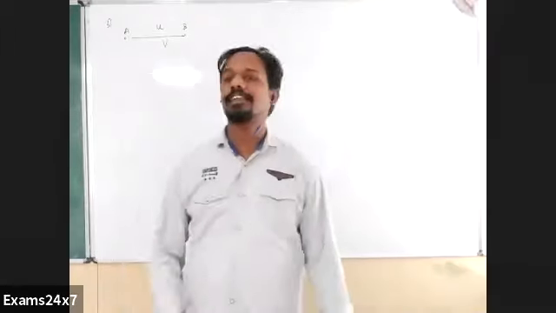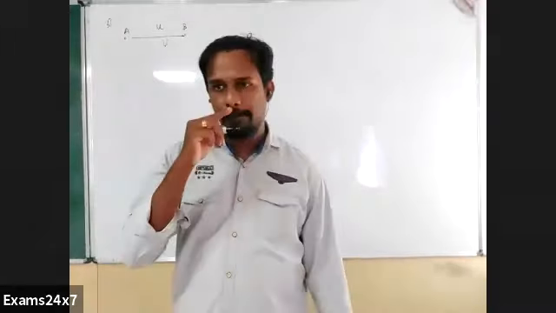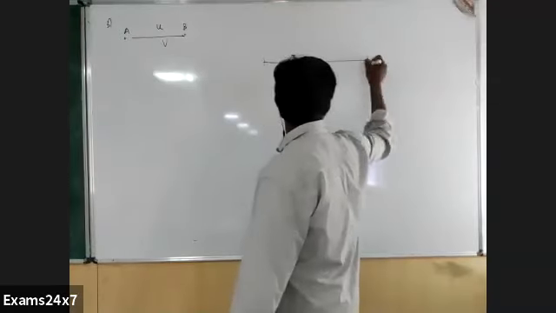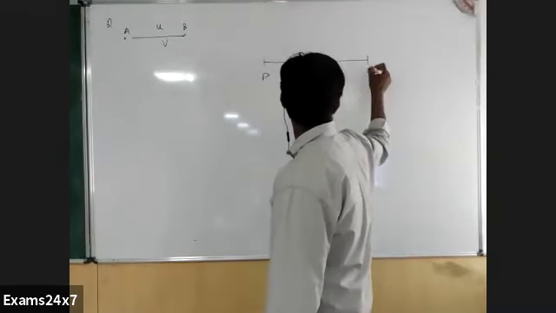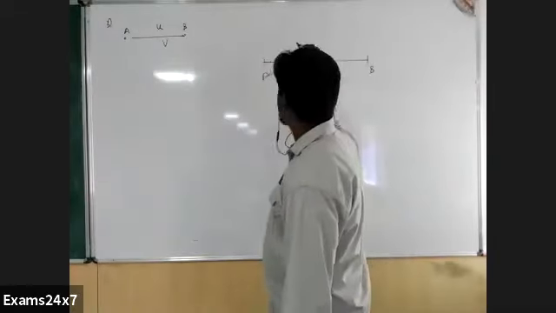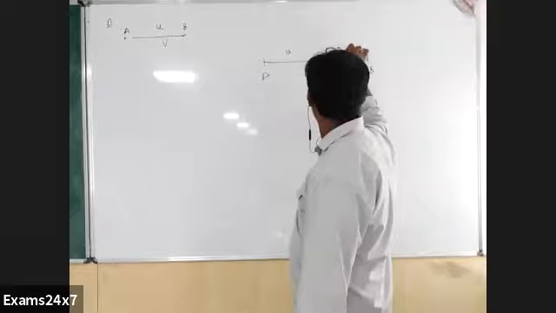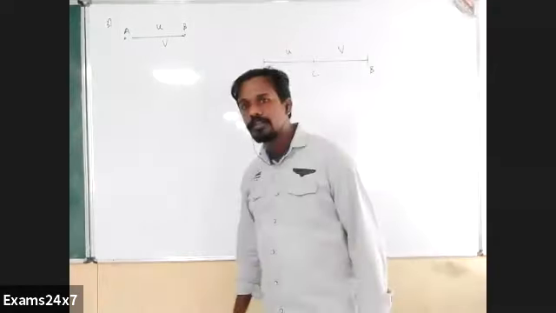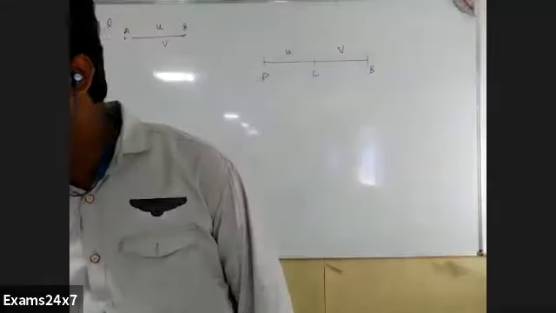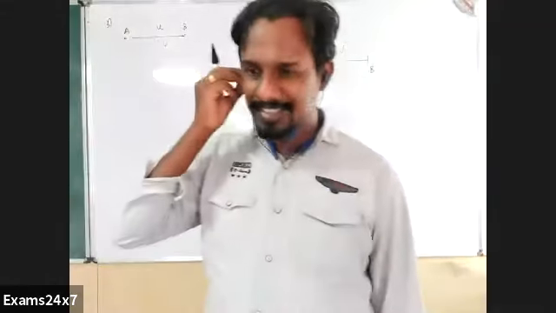But there is one difference. We did it for this case. A, C, B. For half distance, speed is U. For another half, speed is V. And the average speed is 2. Turn your pages.